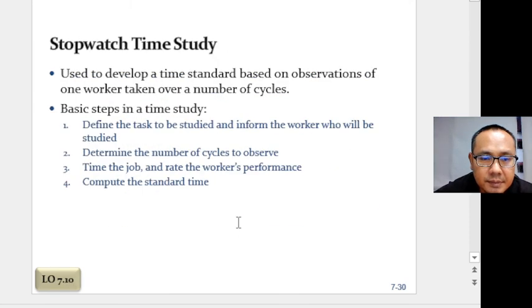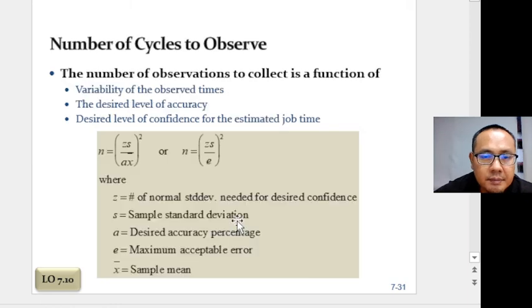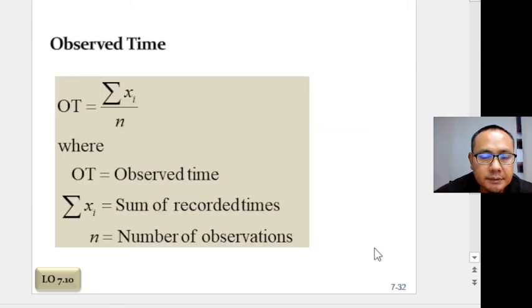The number of cycles to observe, the number of observations to collect, a function of variability of the observed time, and the desired level of accuracy. All of this we can use as a tool to measure a particular work.